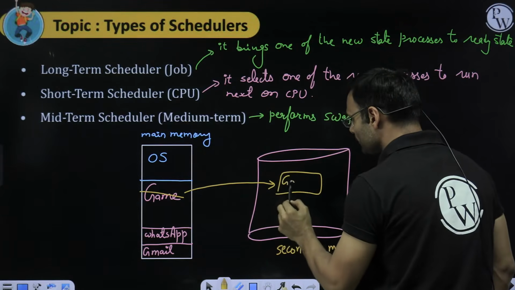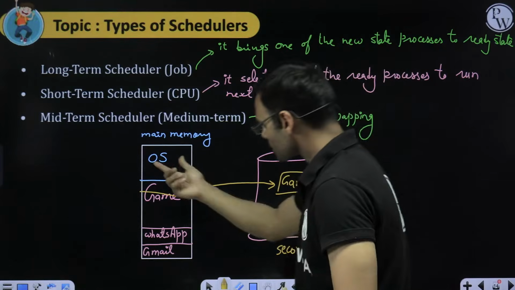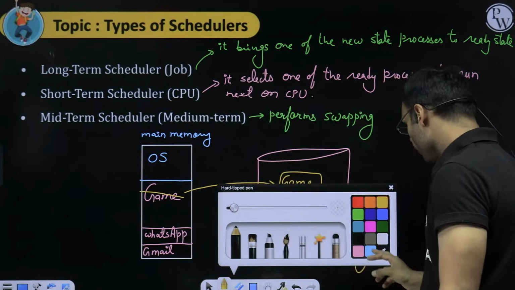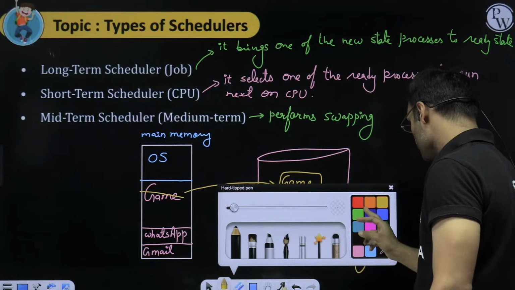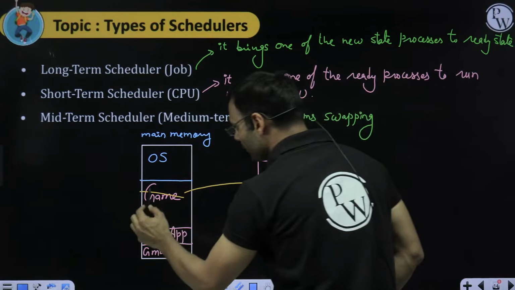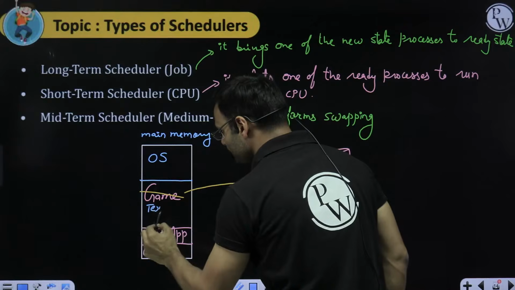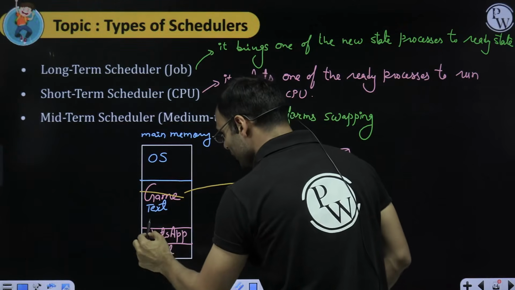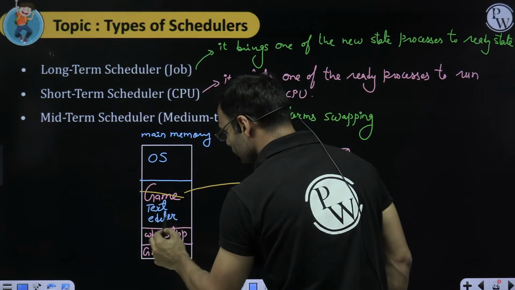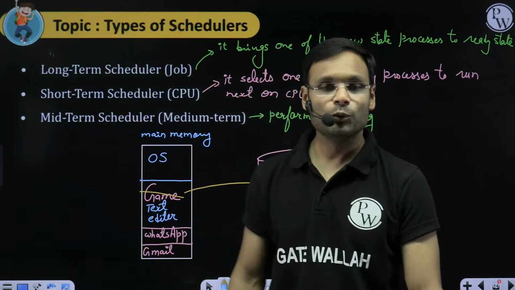So that this space is free, and now this particular space can be used to bring in that new application, the text editor. So you open the text editor, work very smoothly.